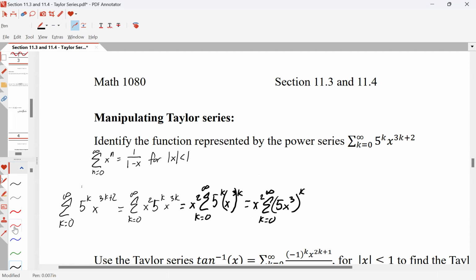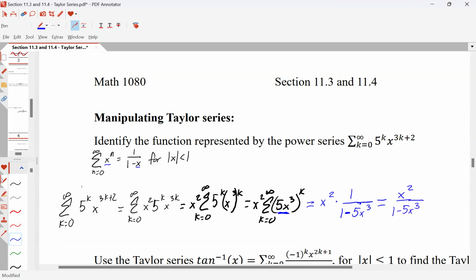Now we have something where we have the same setup. I can replace this 5x^3 in place of the x in that 1 over 1 minus x. So keep the x^2 out front times 1 over 1 minus 5x^3. And multiplying the x^2 in, x^2 over 1 minus 5x^3.